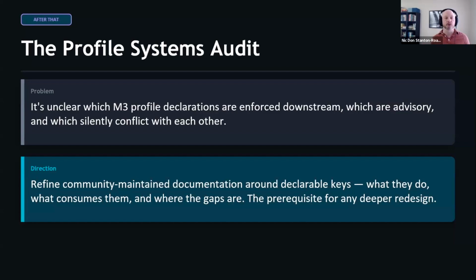So some of them have enforcement pathways, and so what you put in the M3 profile goes. Some of them will conflict with other systems. Some of them are really just stating a preference or a documentation, but don't actually have an enforcement pathway. And so it's unclear what those declarations in the M3 profile do. For your basic changes, we kind of know what to do, but that leaves a lot underdocumented and unexplored.